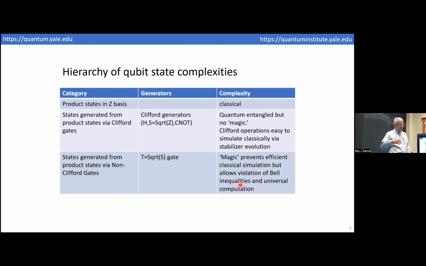And then you have states generated from non-Clifford gates, like the T-gate, and they contain this very terribly named thing, magic, in which, if you have Clifford gates and standard basis measurements, you can't violate the Bell inequality. You need a 45-degree rotation to get to the point where the Bell inequality is maximally violated. And that's given by this non-Clifford gate.